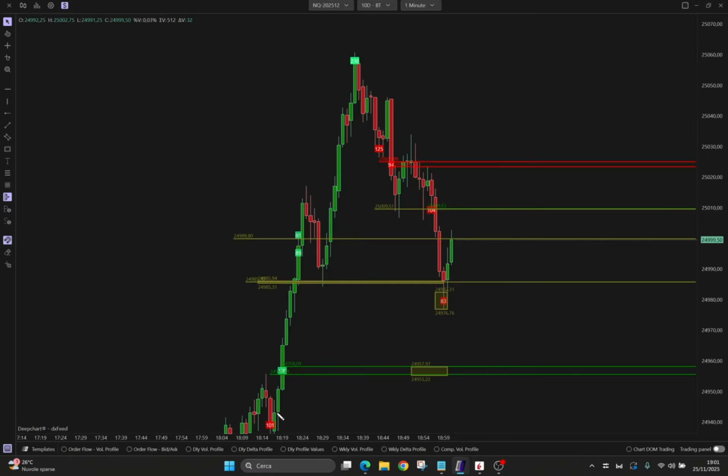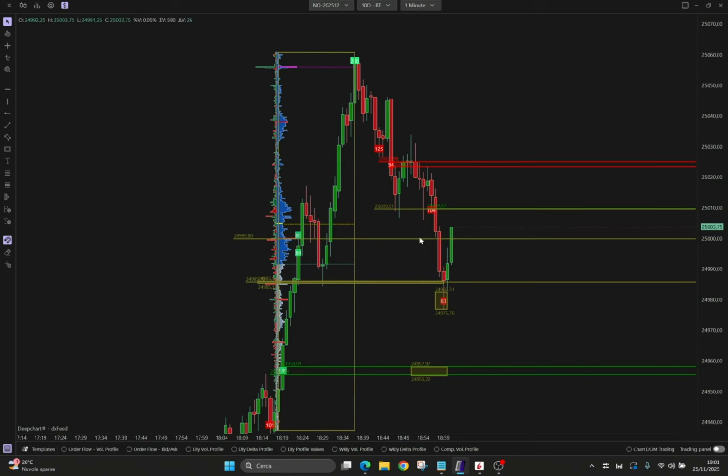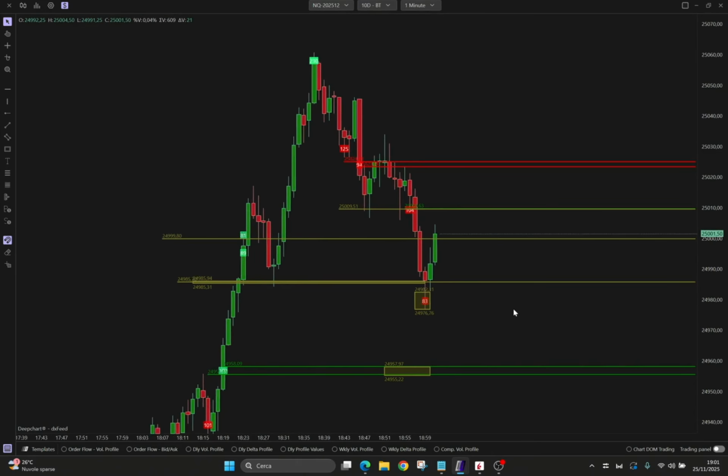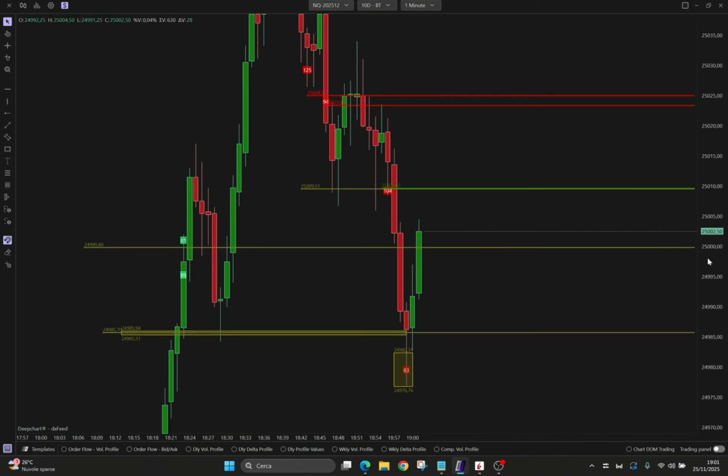Which horizontal level did we see before? This. Okay? This horizontal level, this cluster. Here is the POC. This is where they are just accepting. Guys, in 10 minutes, we saw, with a precision that is embarrassing, the top of the range, okay, and the bottom of the range.